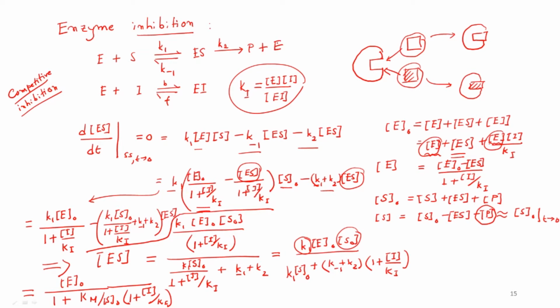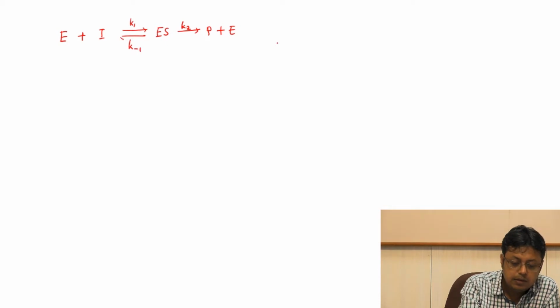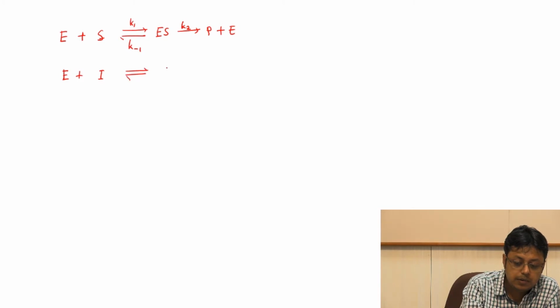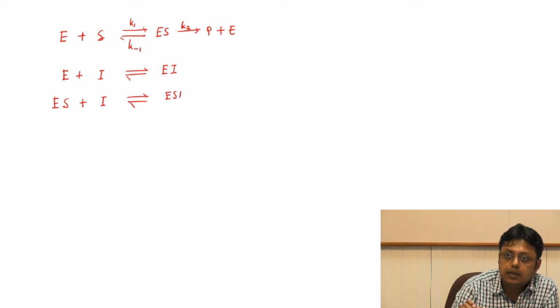And then you also have enzyme plus inhibitor that is in equilibrium with the enzyme inhibitor complex, and you can have the enzyme substrate complex adding with the inhibitor to give you the enzyme substrate inhibitor complex.